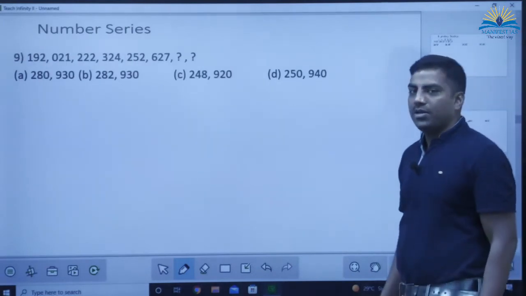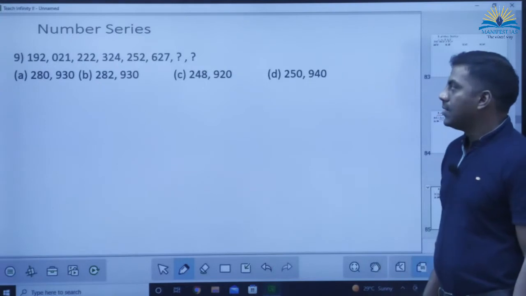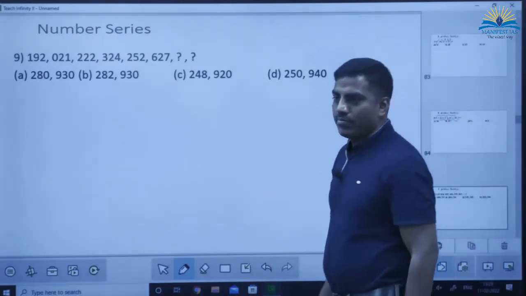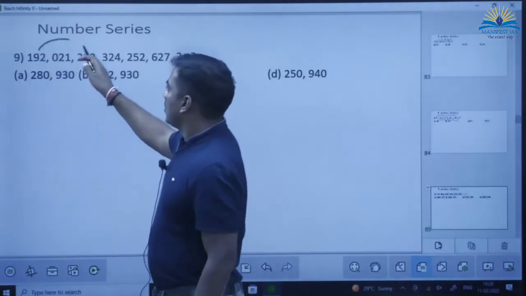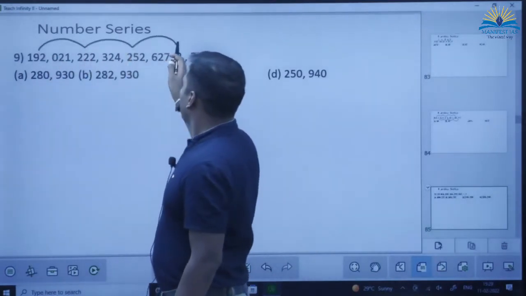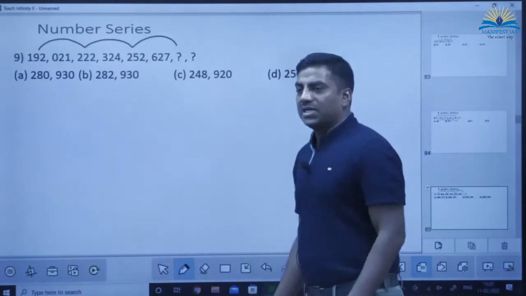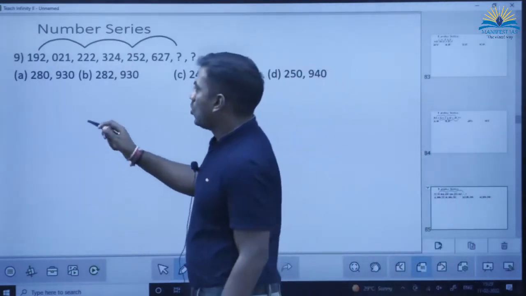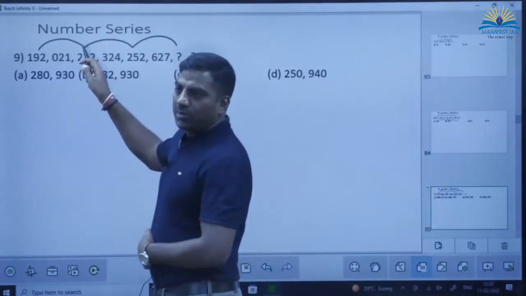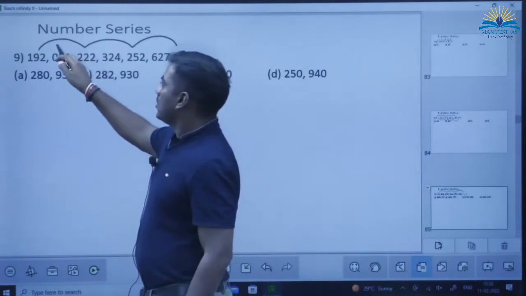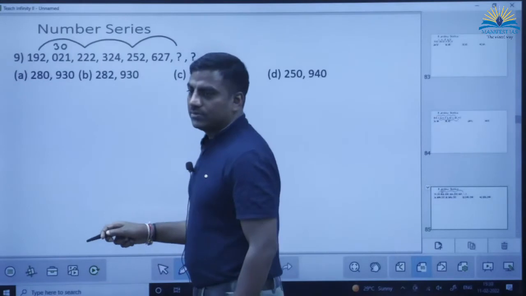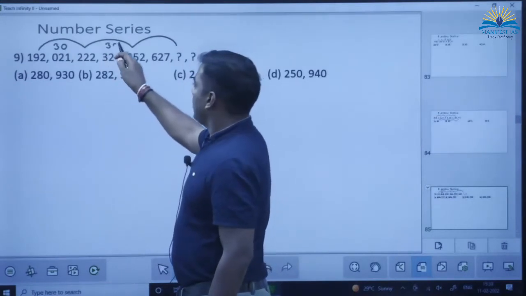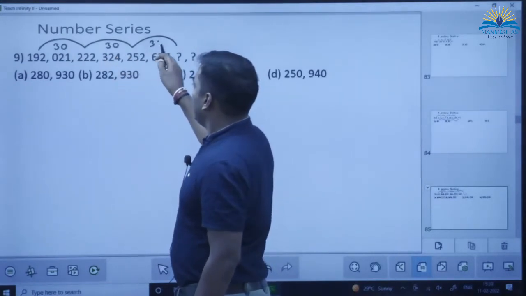Next, again dip, raise. Again go for alternative numbers. 192 plus what? 192 plus 30. 222 plus 30. 252 plus 30.